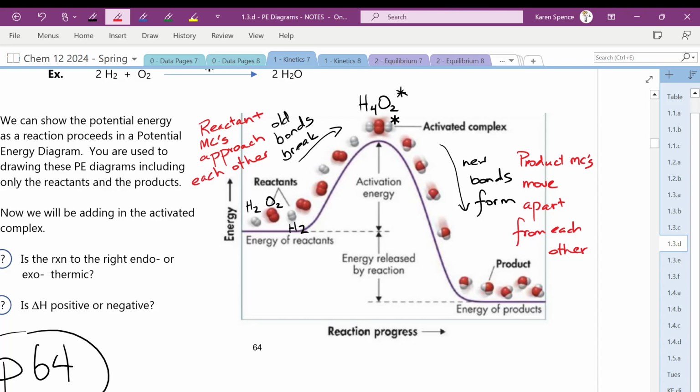So as the reactant molecules approach each other, what happens to the potential energy? The potential energy goes up or down? Goes up. Excellent. What happens to our kinetic energy as the reactant molecules approach each other? The kinetic energy decreases. Remember, they are repelling one another, so they slow down.